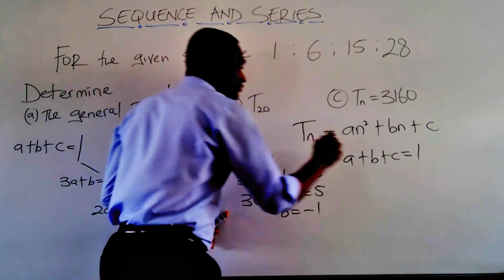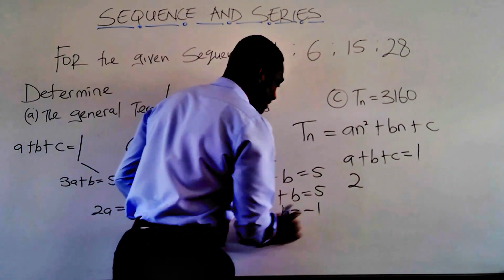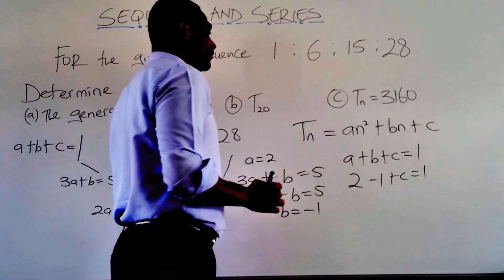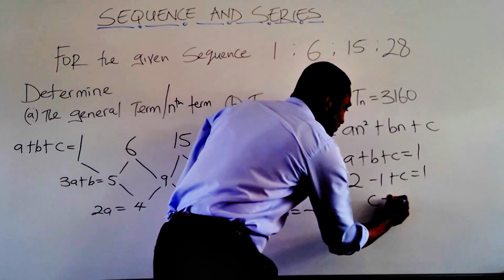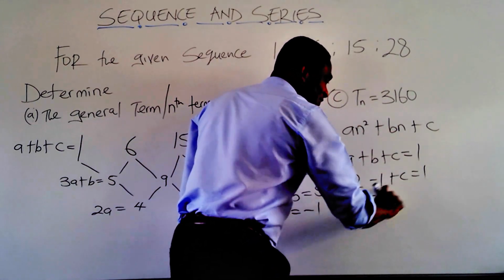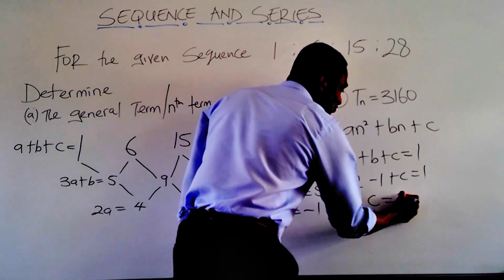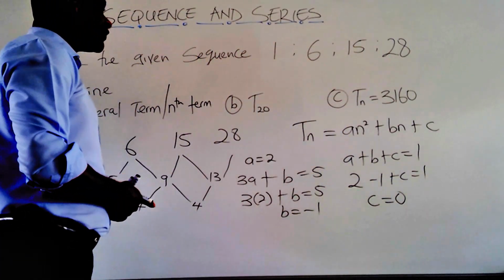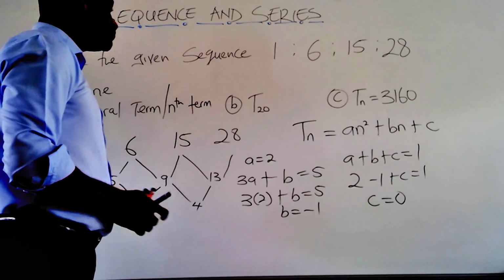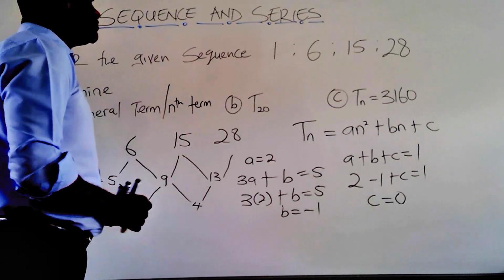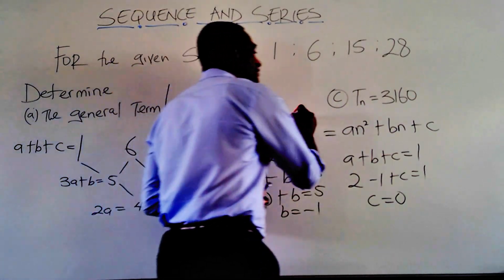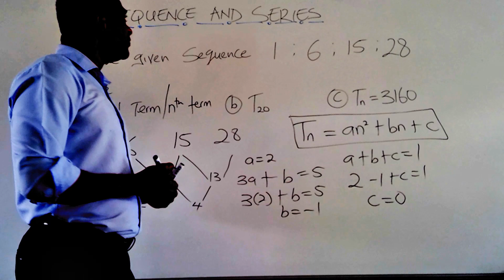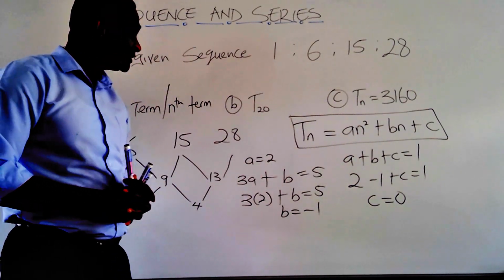Our a is 2, our b is -1, plus c is equal to 1. If we collect like terms, c will be 1 + 1 = 2, minus 2, which is 0. So we've gotten the values of a, b, and c. All we need to do is to sub it into the quadratic formula. Please note, this is the quadratic formula that we're using in place of the number pattern.